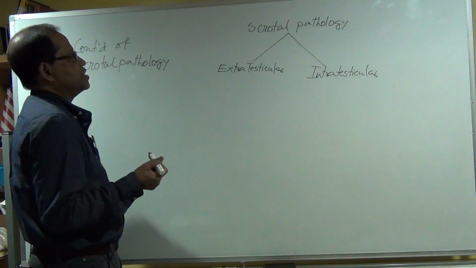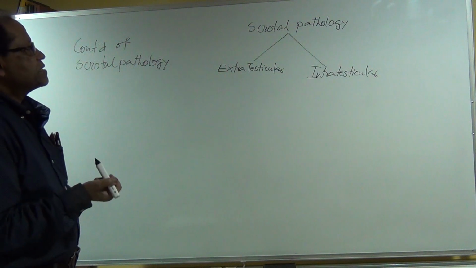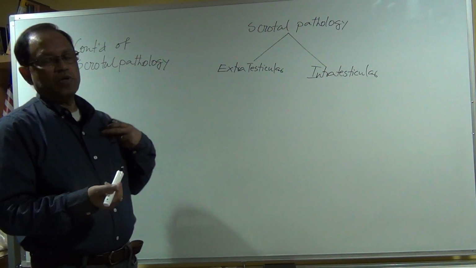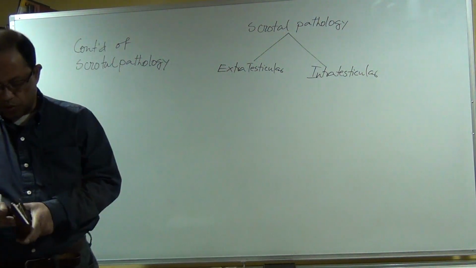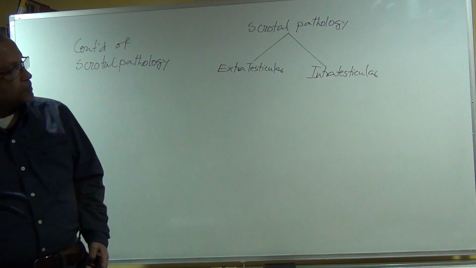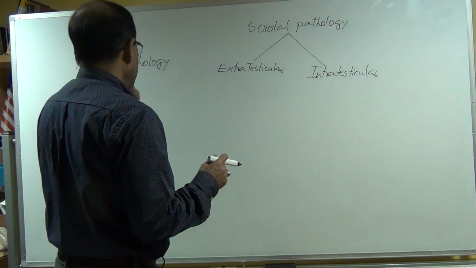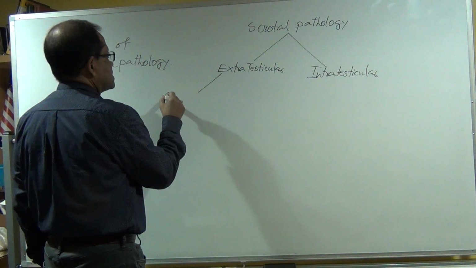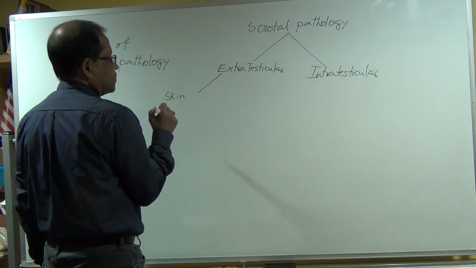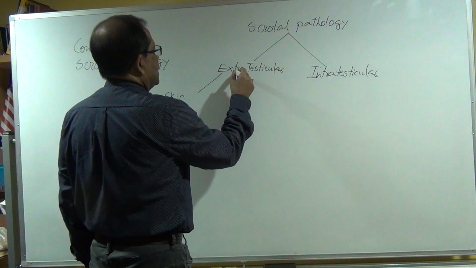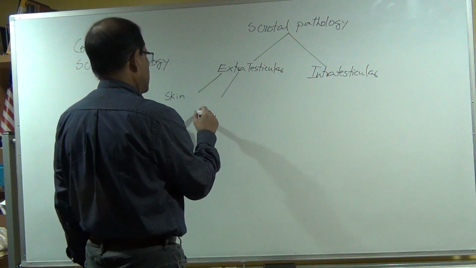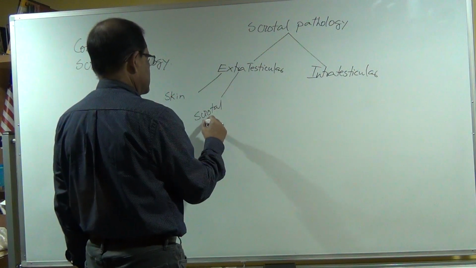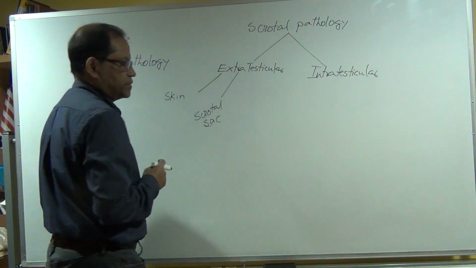So what are the structures we can scan and we can see extra-testicularly? So most common things that extra-testicular, you can see the skin, then you can see the scrotal sac.